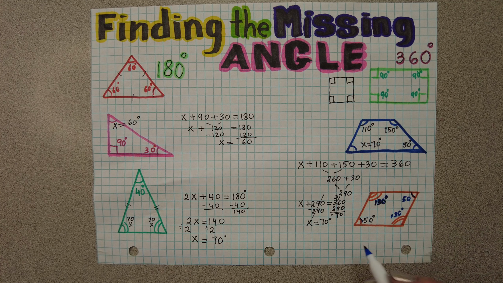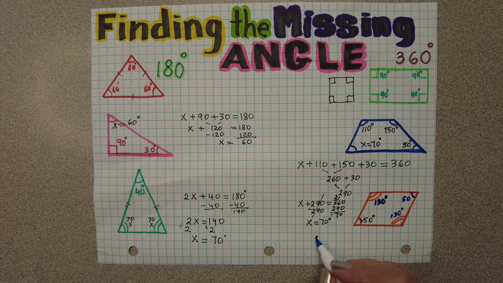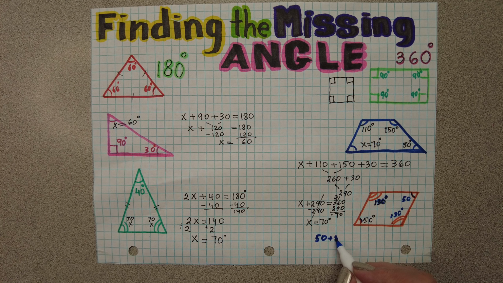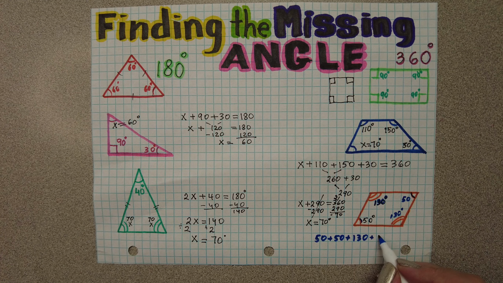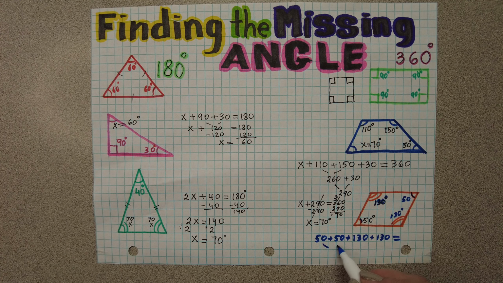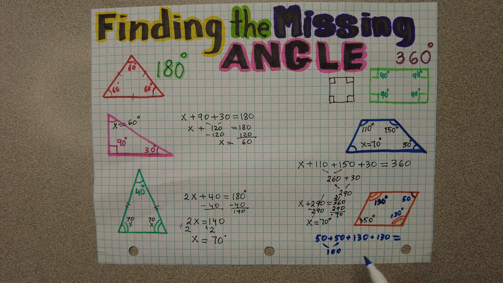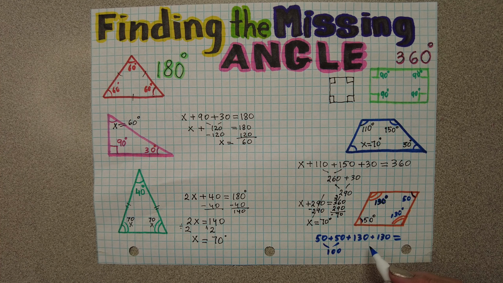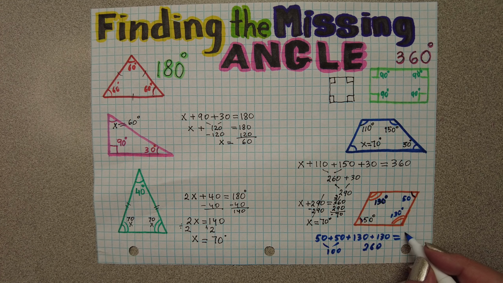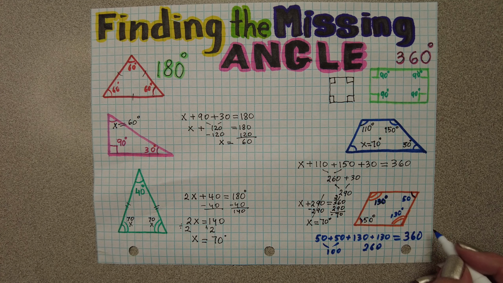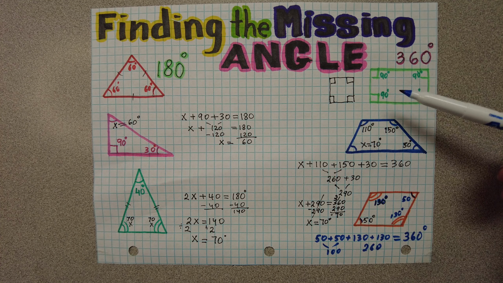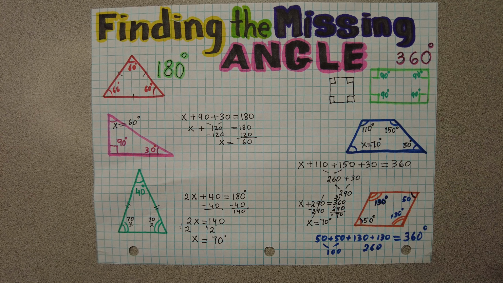We can add all together: 50 plus 50 plus 130 plus 130. 50 plus 50 is 100. 130 plus 130 is 260, plus 100 is 360. So this is how we count the inside angles sum.